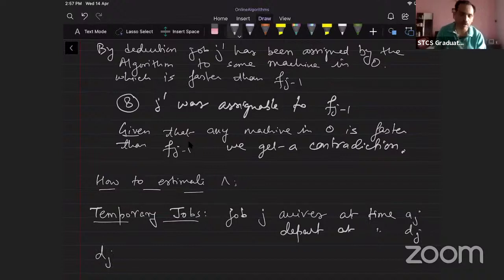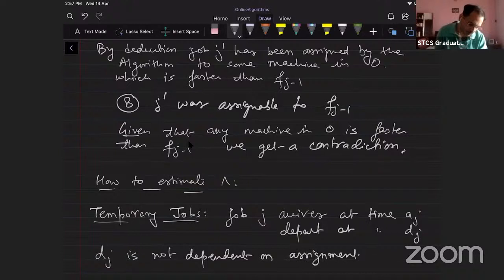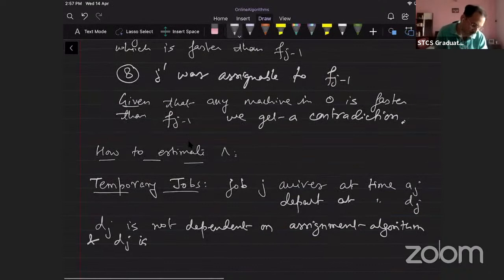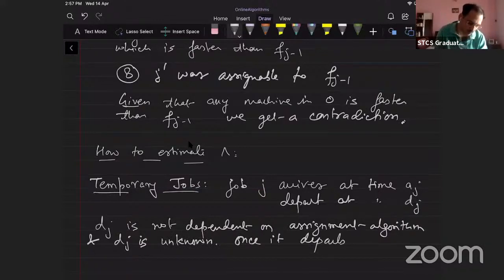It doesn't depend on what allocations you make. So dj is not dependent on the assignment algorithm, and dj is unknown. All the algorithm knows is that once it departs, the algorithm is made aware of it.